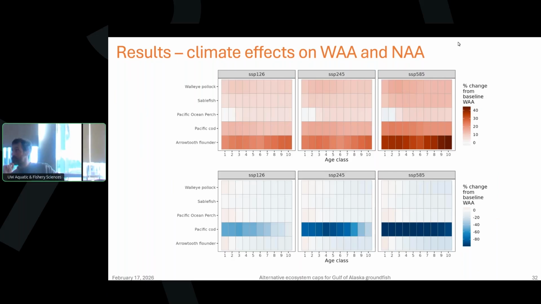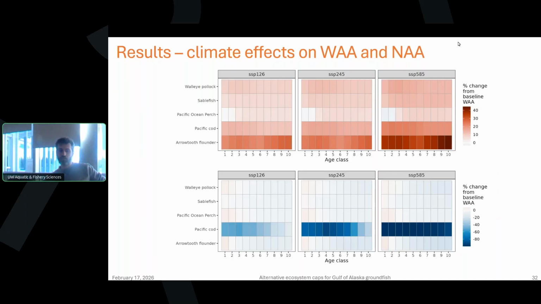But there's a little bit of red there. There is a little bit of red in the very first age class and a little bit in the second, and that's because fecundity is condition based. So you have an increase in the weighted age at the top.